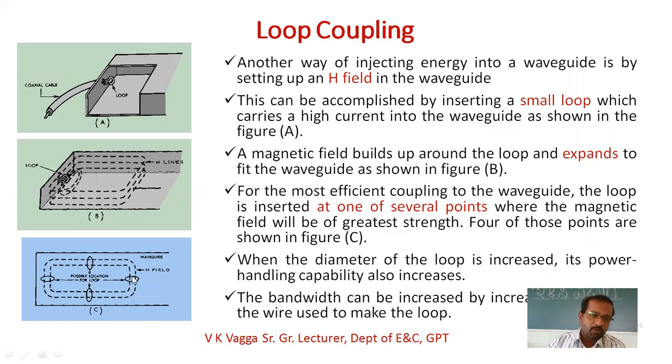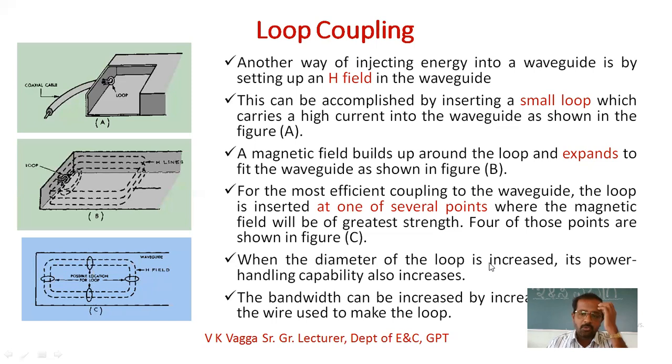So 4 of the points have been shown here. This is the upper wall. This is the lower wall, which is indicated as the wall A. This is the wall B, on the left side and on the right side. So it can be inserted at any one of the points which have been shown.